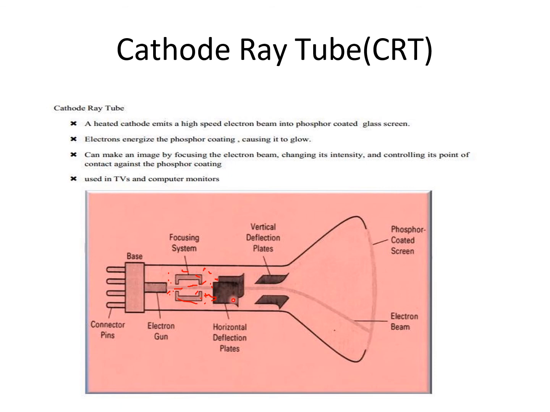After the focusing system, by using the horizontal deflection plates and vertical deflection plates, the electrons move in a straight line, and afterwards can be directed in any direction. If the electron beam touches the screen, since the screen is coated with phosphorus, the screen will glow.